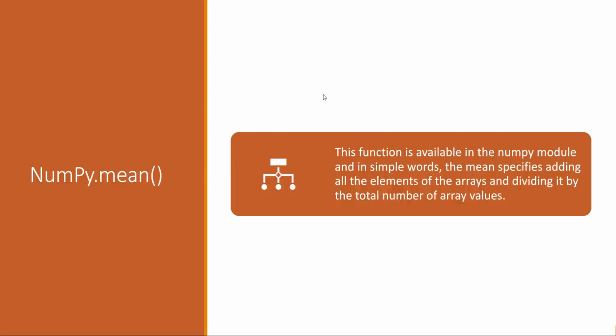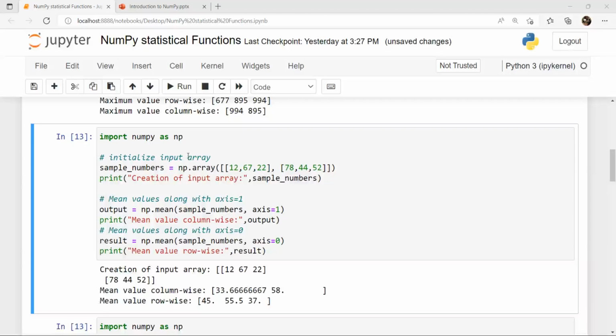Now we are going to use the numpy.mean function to find the mean values of an input array. So in this example, first we have created an array named sample numbers by using the np.array function. After creating an array, we have to find the mean value of the given array.